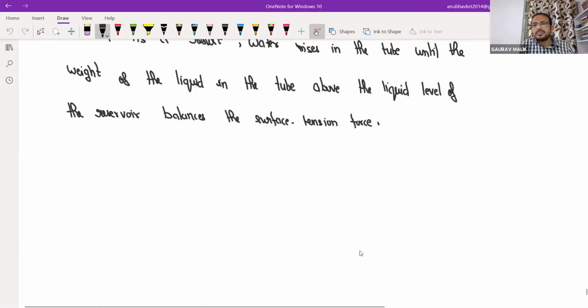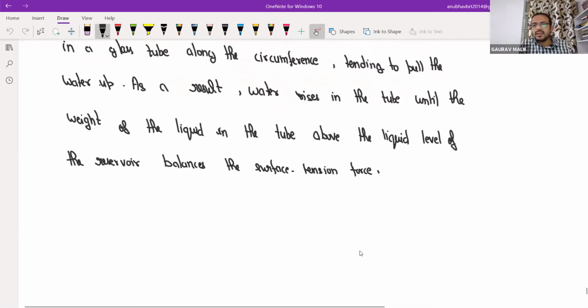And I can also explain the phenomena of capillary rise or capillary depression in terms of the cohesive forces and adhesive forces also. But I already told you that it is a consequence of surface tension. But surface tension, the origin of the surface tension is cohesive force. So there is no need to use so much mind.